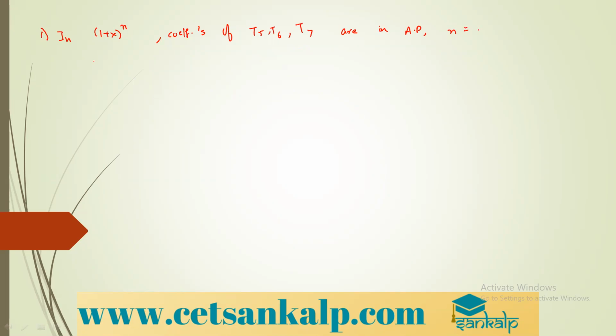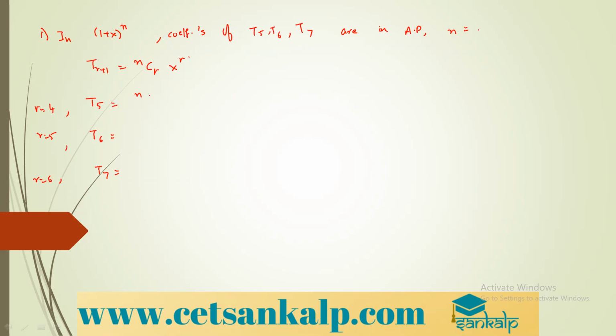So, as usual, I will take the general term as nCr x^r. Because I have to find the fifth term, sixth term, seventh term, for r I have to put 4, 5 and 6.